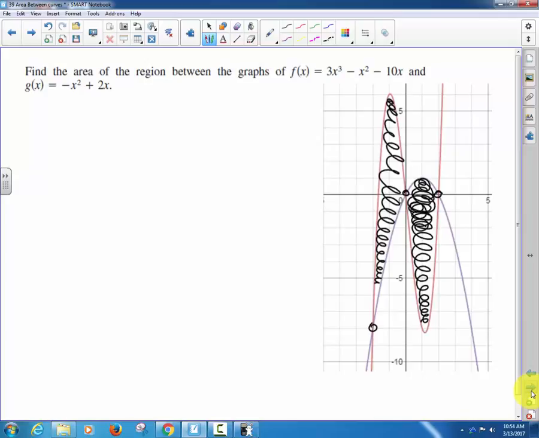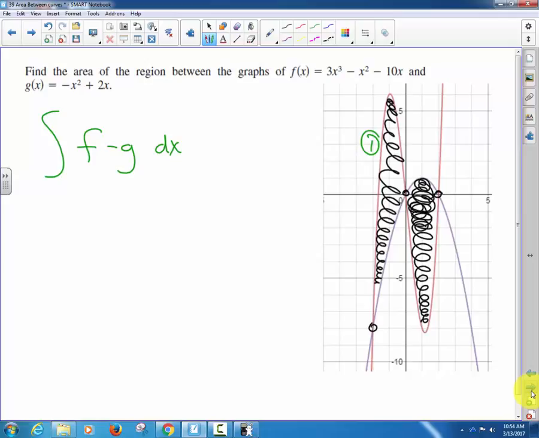So if we're trying to find this first one right here, we're going to integrate. What's our top one for the first one? Is it F or is it G? F. So we're going to integrate F top minus G bottom.